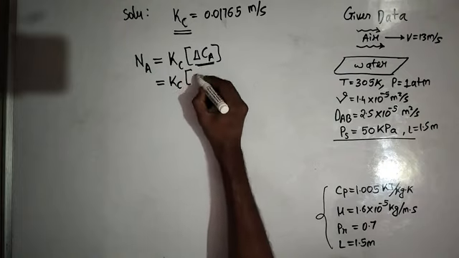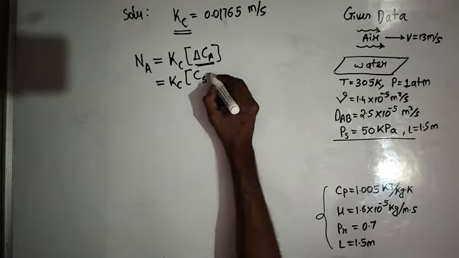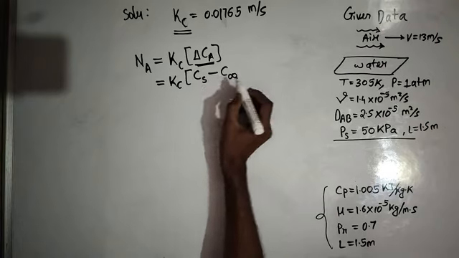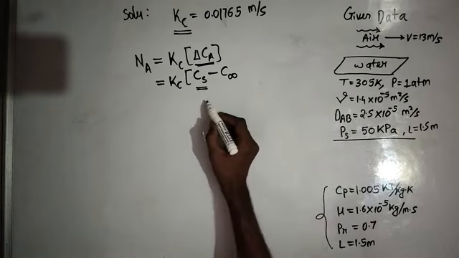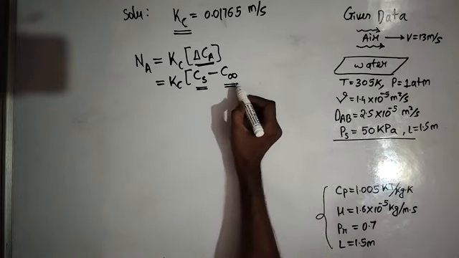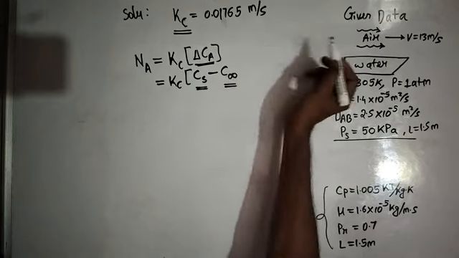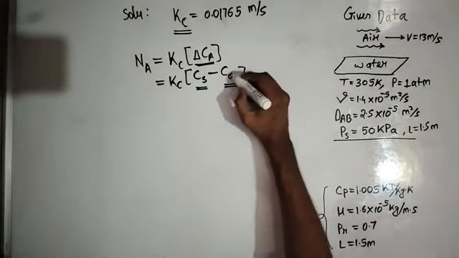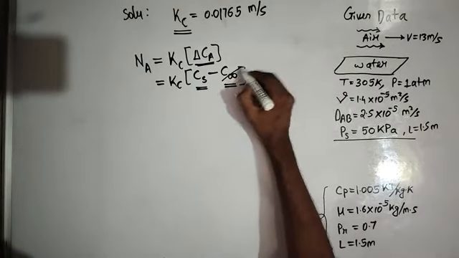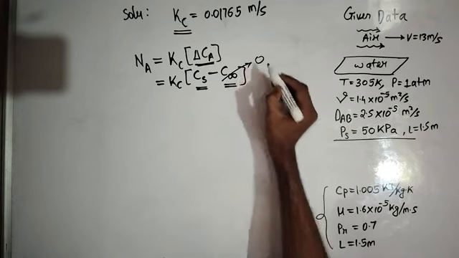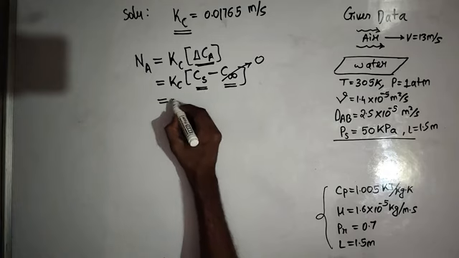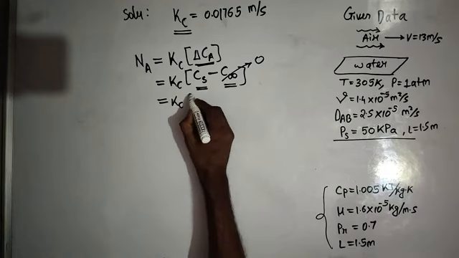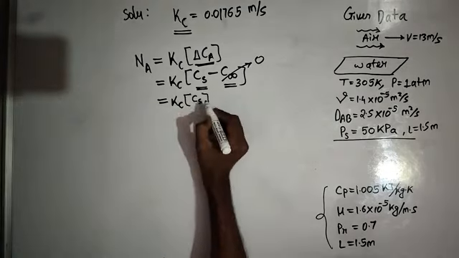Here delta CA is written as Cs minus C infinity. Here Cs is the concentration of water at the surface and C infinity is the concentration of water vapor in the air. As the water vapor in the air is considered negligible, we will put the value of CA infinity equal to 0. So Kc into Cs.